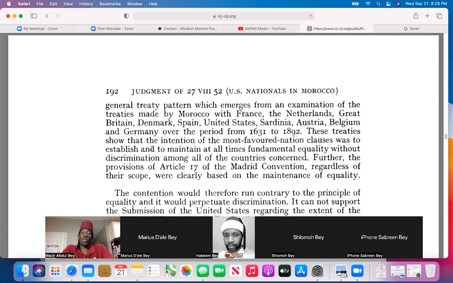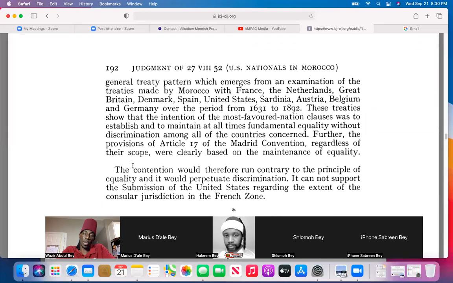These treaties show that the intention of the most favored nation clauses was to establish and to maintain at all times fundamental equality without discrimination among all of the countries concerned. Further, the provisions of Article 17 of the Madrid Convention, regardless of their scope, were clearly based on the maintenance of equality.